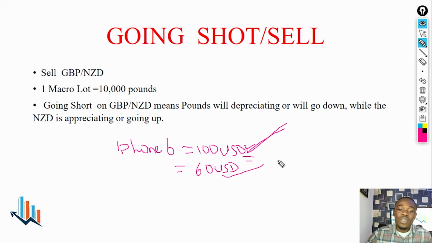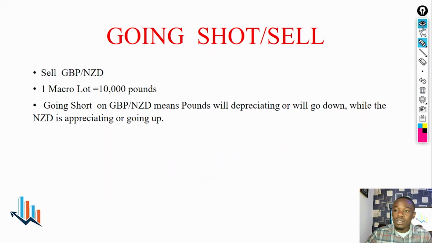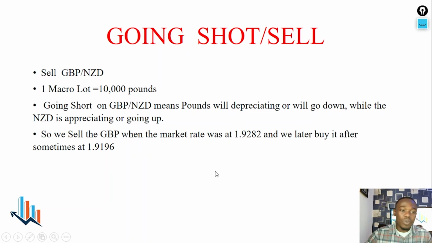So if you do this, you've gotten a phone as you were using, plus an additional 40 USD. So selling on the forex market is about this. It's about how we make money selling on the forex market. So we set a plan when the market is right.